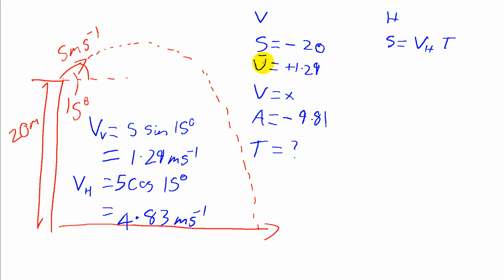If we want an equation that's got S, U, A, T, it would be S equals UT plus a half AT squared. Most of the time where we've come across this before, we've had 0 initial velocity, which takes this term to 0, and just leaves us with S equals a half AT squared, which is easy to solve for t, because t squared is 2S over A. However, in this case, U is non-zero, so this term remains.